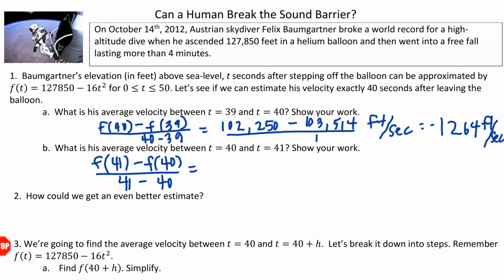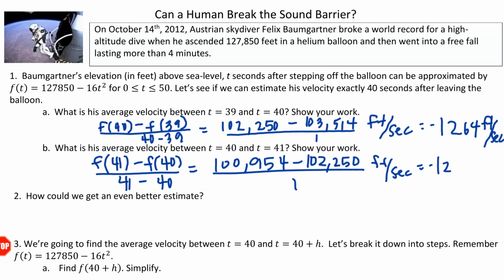So what am I going to get here? So still 1 unit, right? So feet per second. So this is negative 1296 feet per second.